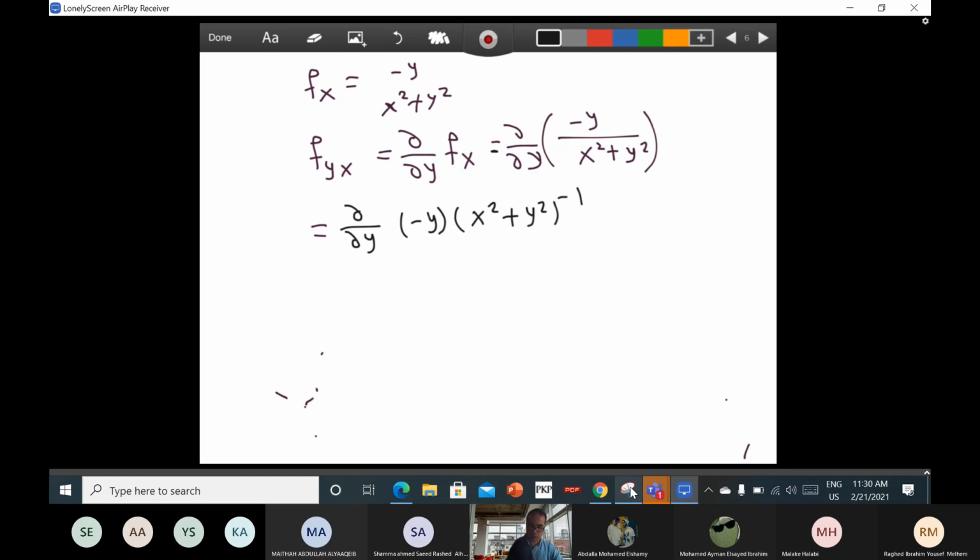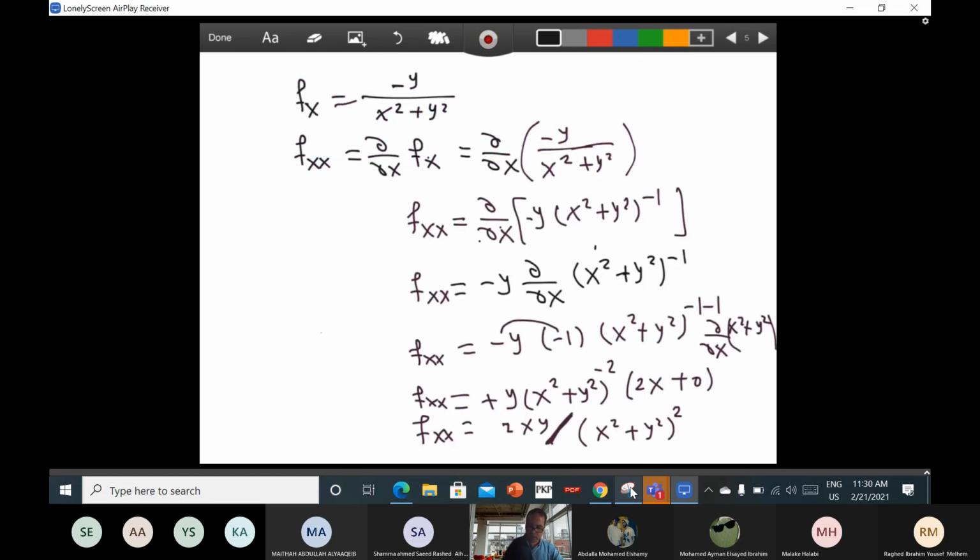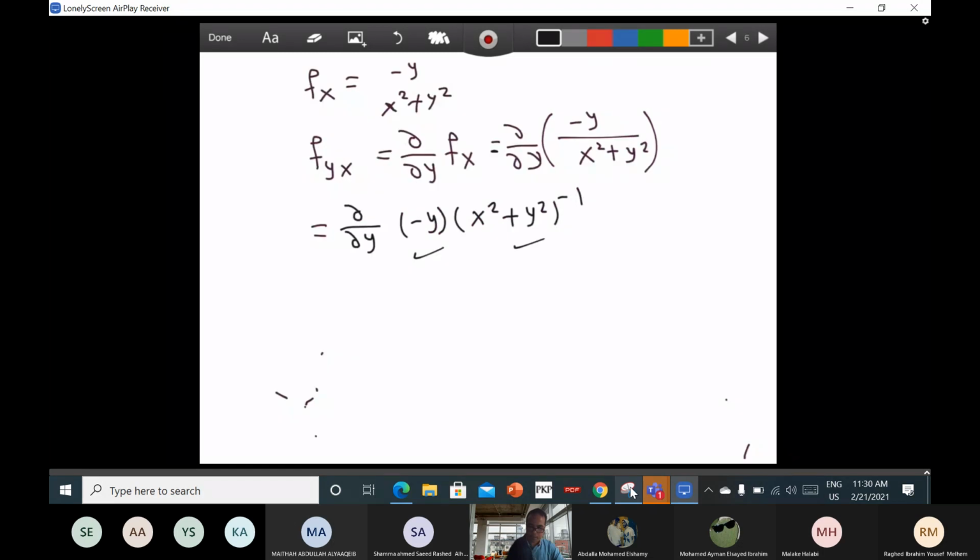Now I have a multiplication rule because this is a function of y and this is a function of y. I cannot take y outside as I did when I was differentiating with respect to x. Okay? Because y is constant there with respect to x, but now I cannot consider it as constant, right? Now I have a multiplication rule.